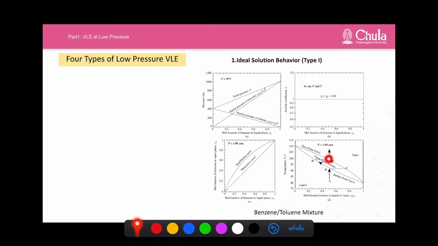Then, if we further increase the temperature, the composition becomes similar to the original one because everything totally evaporates.